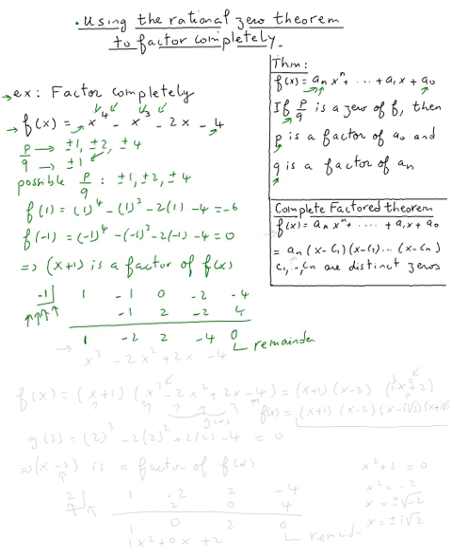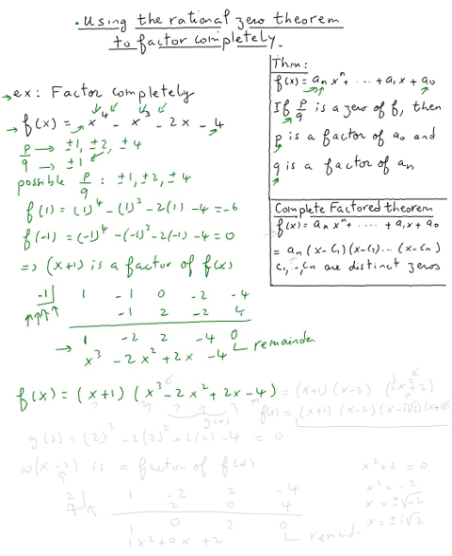Now, since this is degree 4, the quotient will be degree 3, so that would be x cubed minus 2x squared plus 2x minus 4. So far, f of x is equal to x plus 1 times x cubed minus 2x squared plus 2x minus 4.